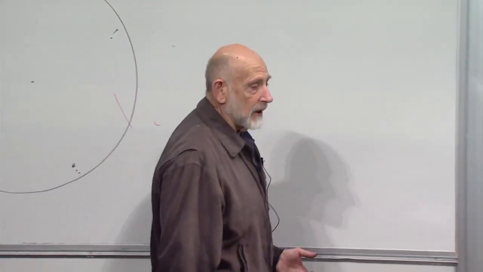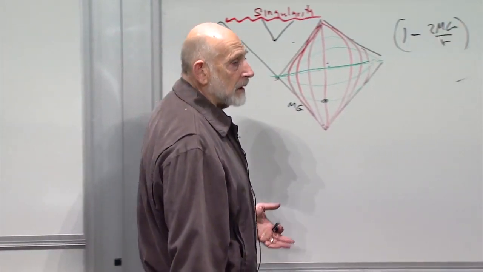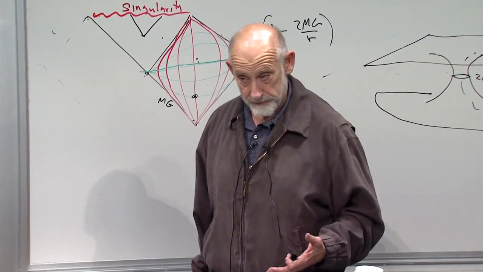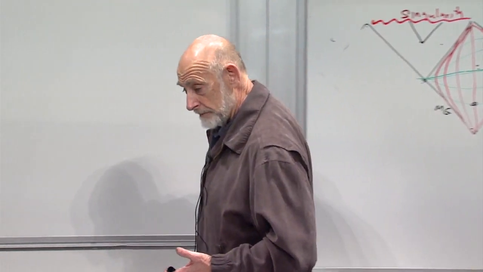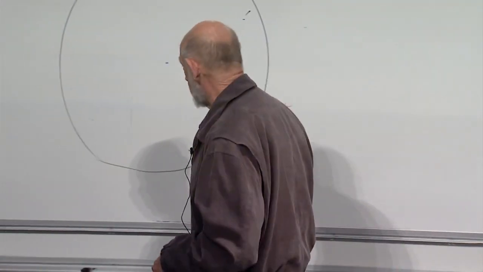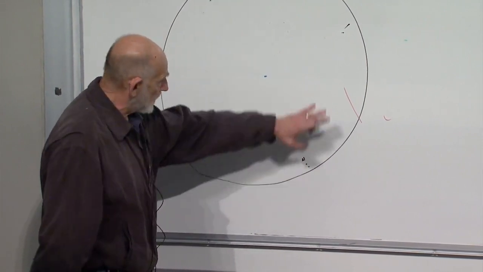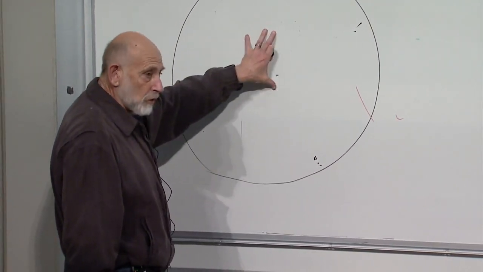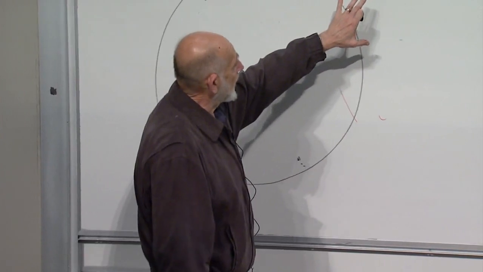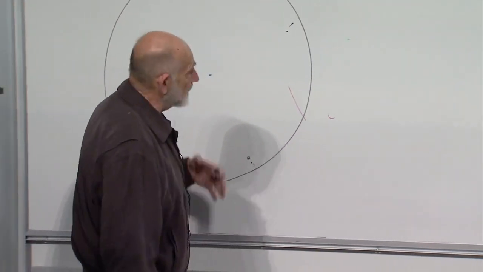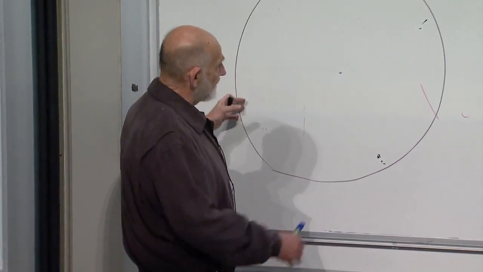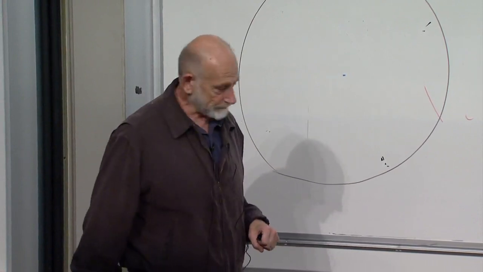So outside, it looks like a point mass. Inside, it looks like there's nothing. That's Newton's theorem, or a special case of Newton's theorem, that on the interior of a distribution of mass which forms a shell, you see no gravitational field. On the outside, you see the gravitational field as it would be if all of that mass was concentrated at a point.